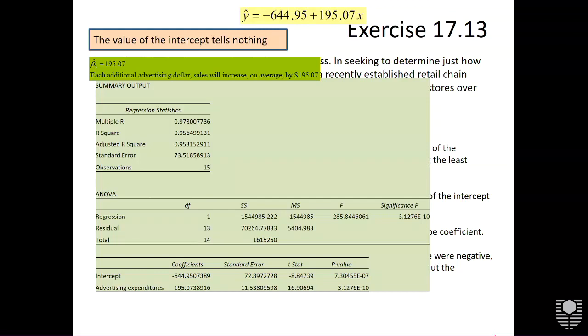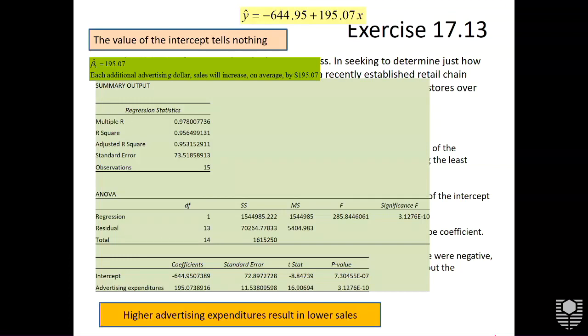What's the last one, guys? They assume that if the sign is negative, right? That means if the sign of the slope in here is negative, what does it mean? That means any increase in high advertising results in low sales, or a decrease in sales price.